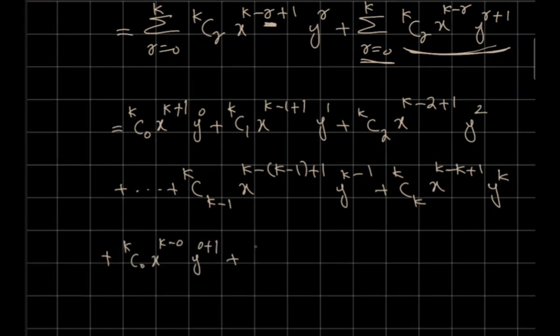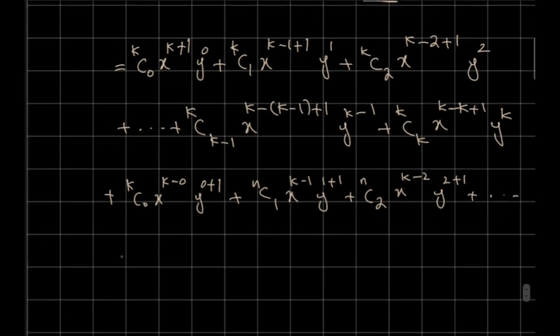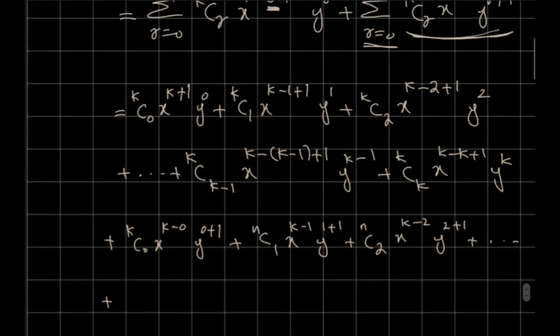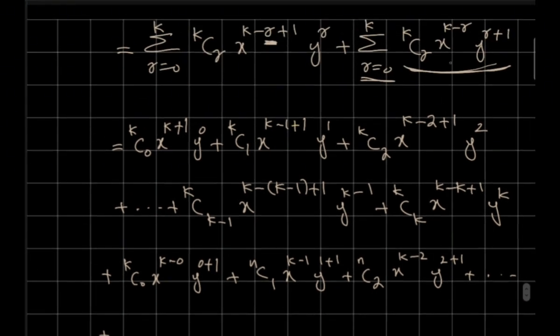You will get this term first, then you will get nC1 x to the k minus 1 y to the 1 plus 1. Now put r is equal to 2, nC2 x to the k minus 2 y to the 2 plus 1, up to dot dot dot plus. Now put r is equal to k minus 1 here in this expression.